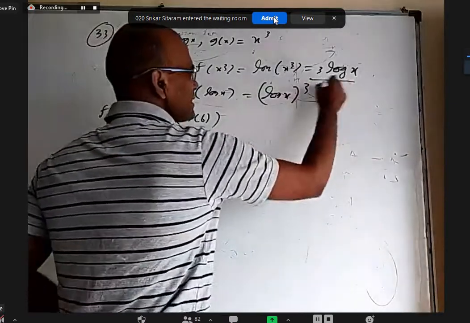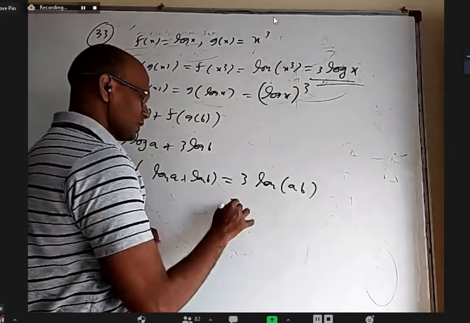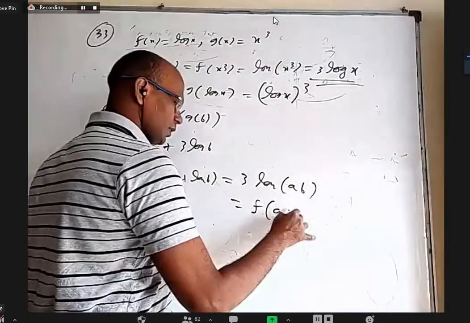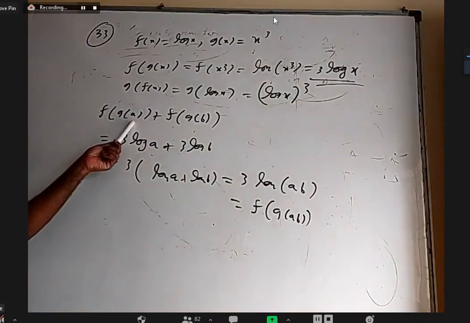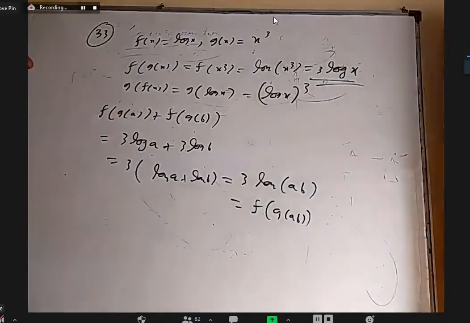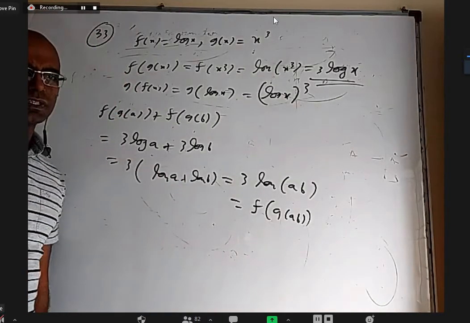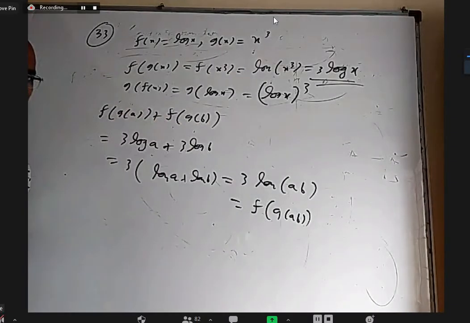So by looking at this, in the place of x, ab came, so it must be f of g of ab. That's all. So f of g of a plus f of g of b is nothing but f of g of ab. Here we did not use the composite function definition as such, just substituting g's output in f, that's all. Just a manipulation only.